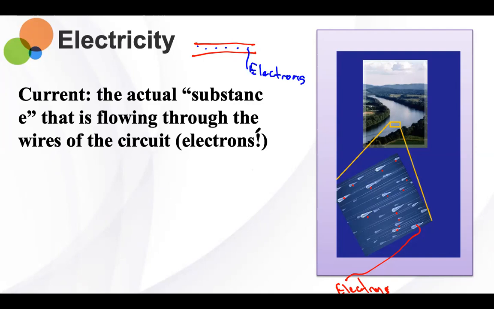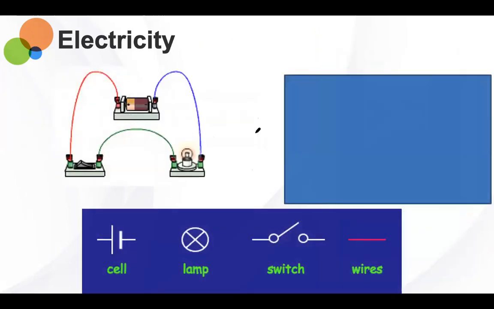All right. Now we move on to the structure of our circuit. We see a battery here. This is our power supply, or battery. This provides power to the circuit.